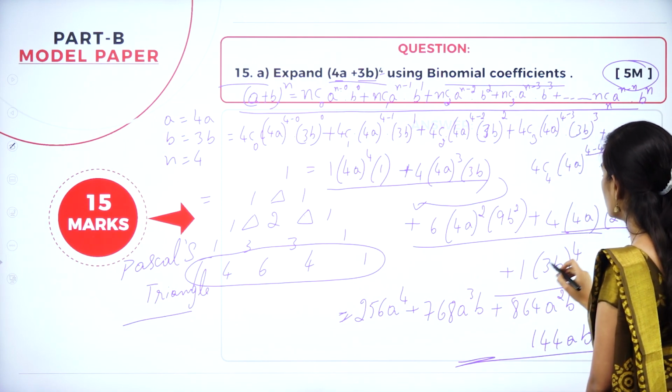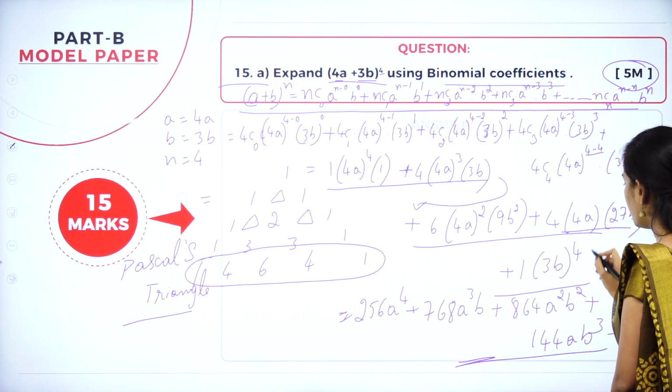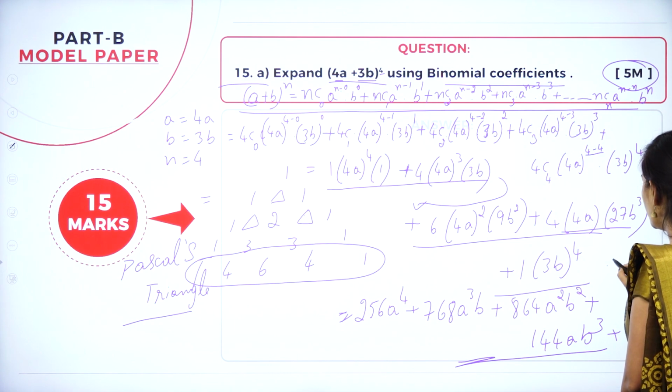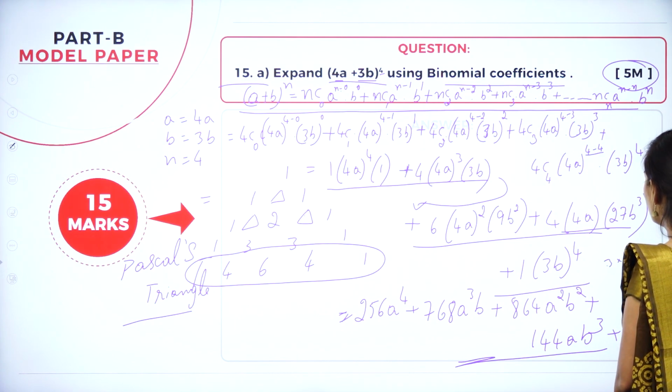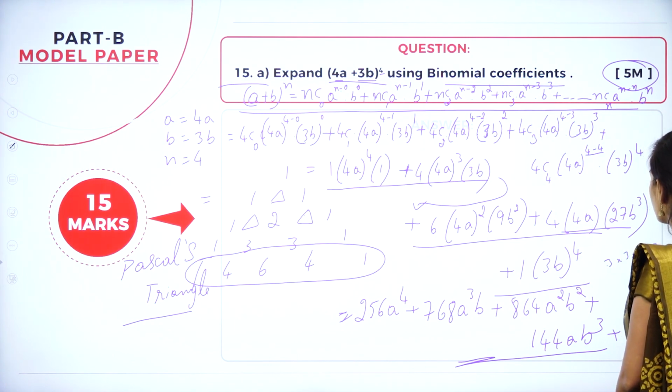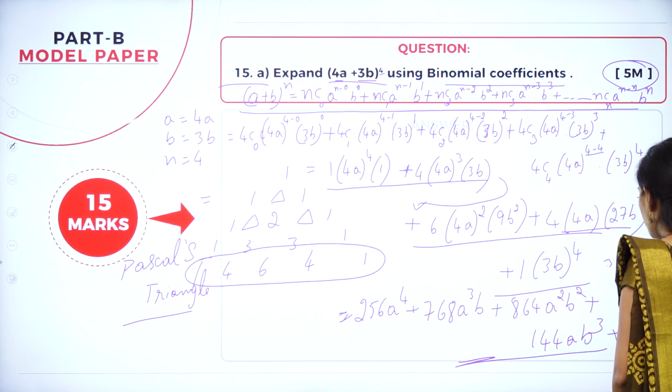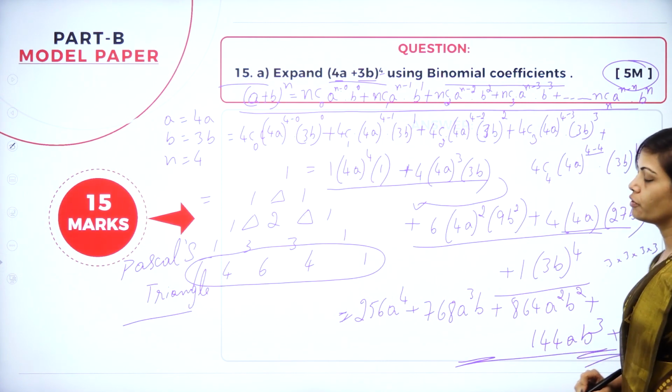So this is your result, and plus 3 power 4 B power 4, so 3 into 3 into 3 into 3, so 81 B power 4. So this is your final result.